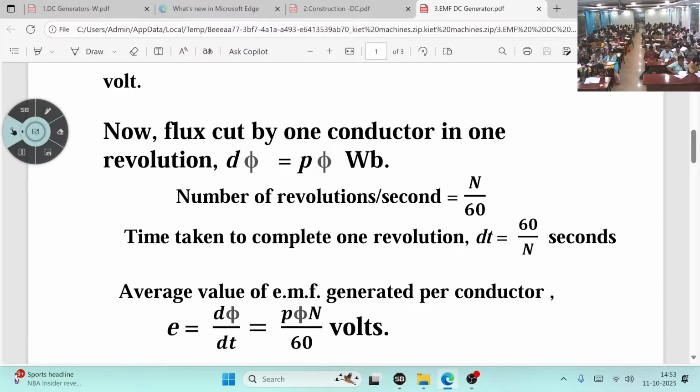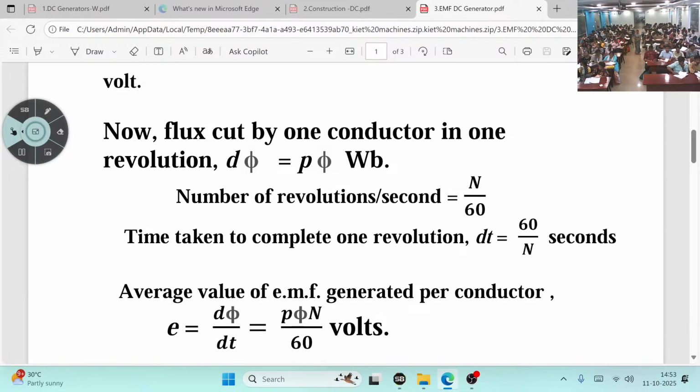N is the speed, number of revolutions per minute. We have to convert this into seconds, so N by 60 is the number of revolutions per second. The time taken to complete one revolution is 60 by N. So dt is equal to 60 by N.